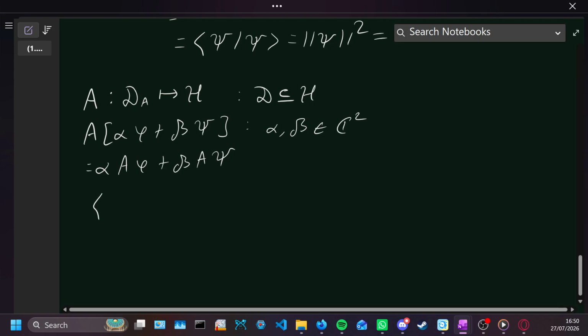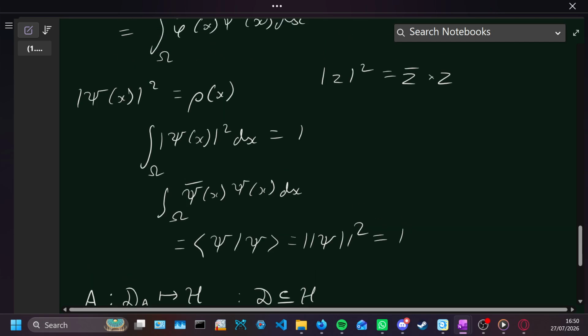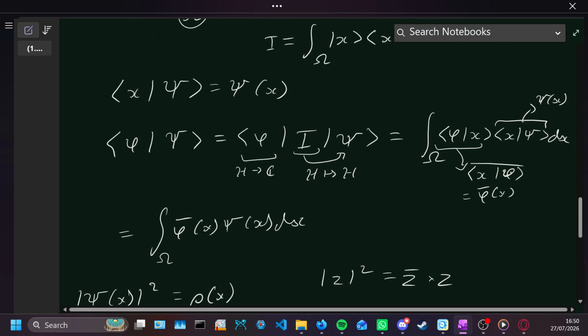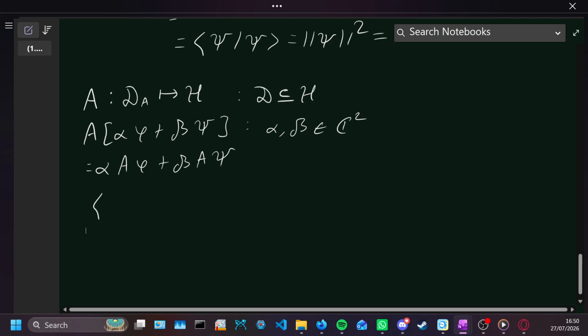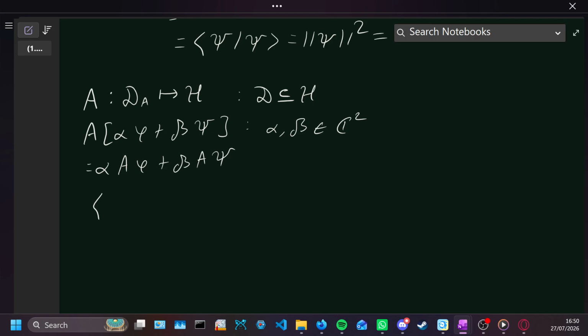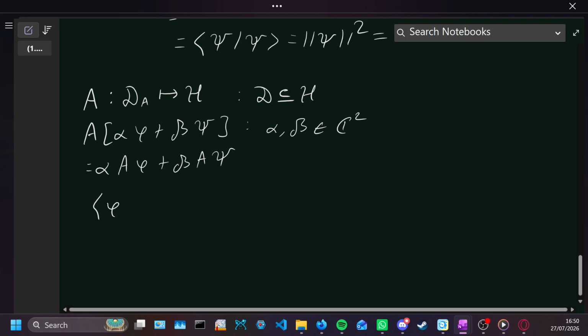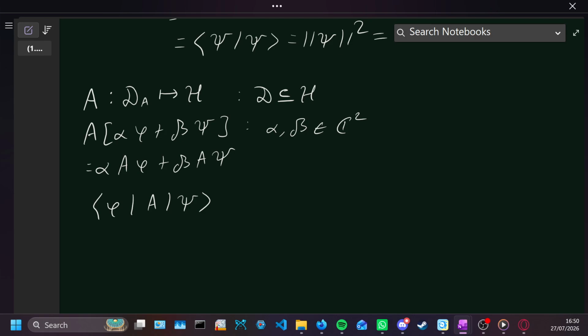Similarly to when I inserted the identity into my inner product, I'm able to insert other linear transformations and matrices into my inner product. And so if I have an inner product like this, this is again equal to applying A to psi, which produces another vector, and then applying the bra phi to this new vector to get a complex number out.